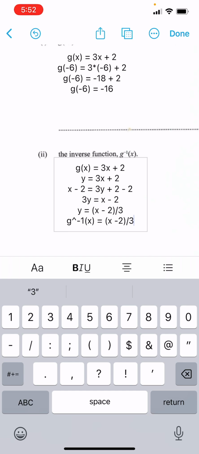And that's it. And they didn't ask you to find, like, the inverse function of g of minus 6, right?